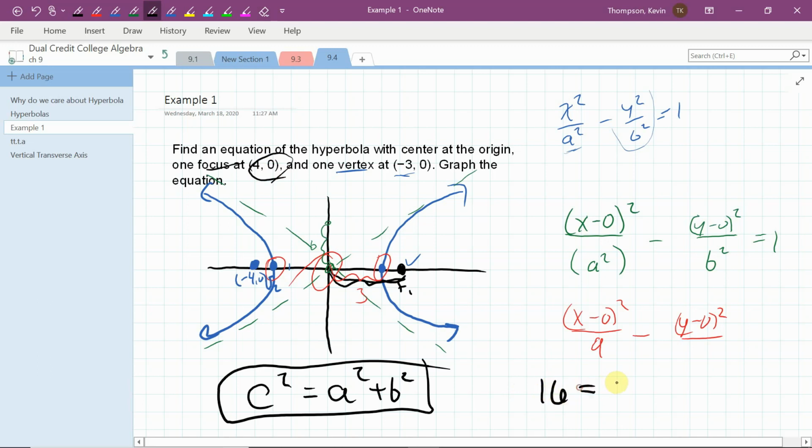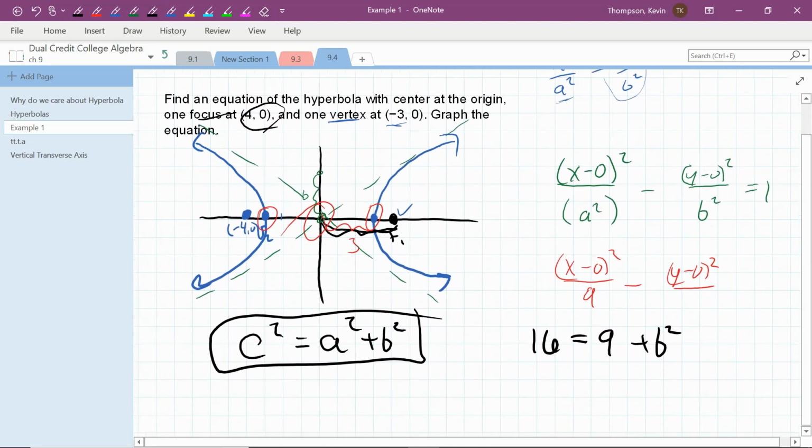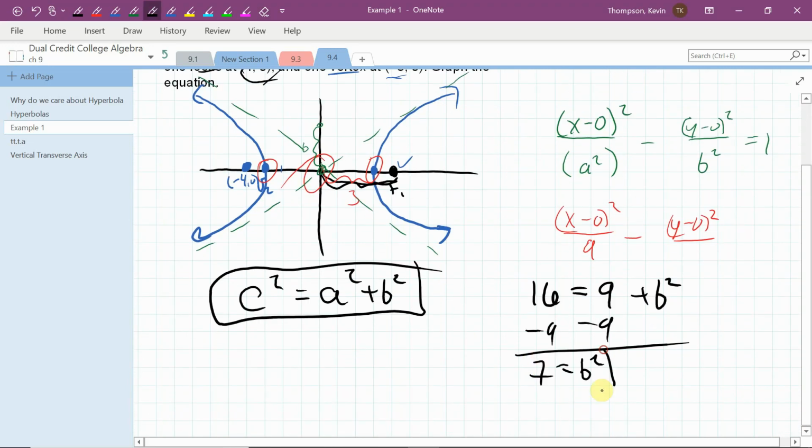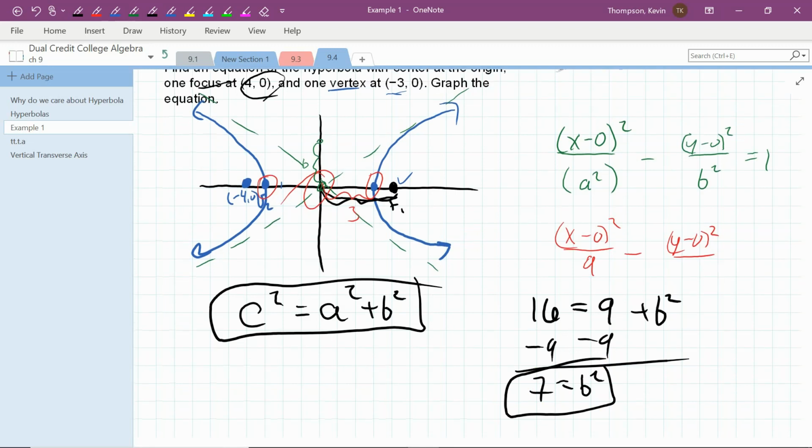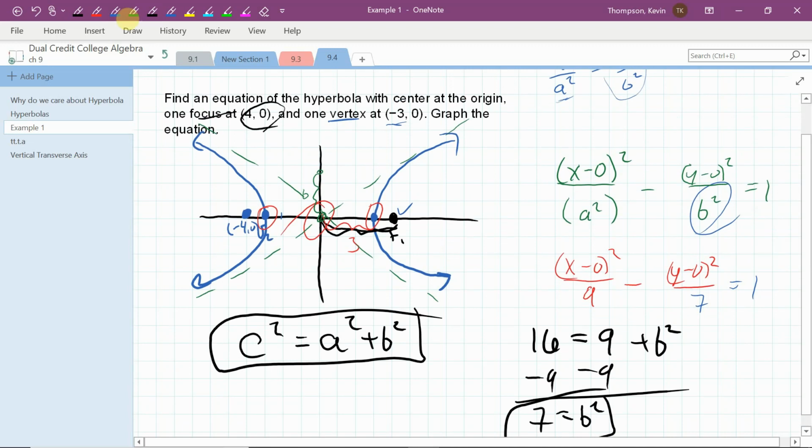So I have 16 equals 9 plus b squared. If I subtract 9 from both sides, b squared is 7. You could solve that for b and say b is the square root of 7, but I need b squared for the equation, so save yourself a step and just put 7 there, equals 1. Okay? So what that would say is if I was looking for these asymptotes, okay?